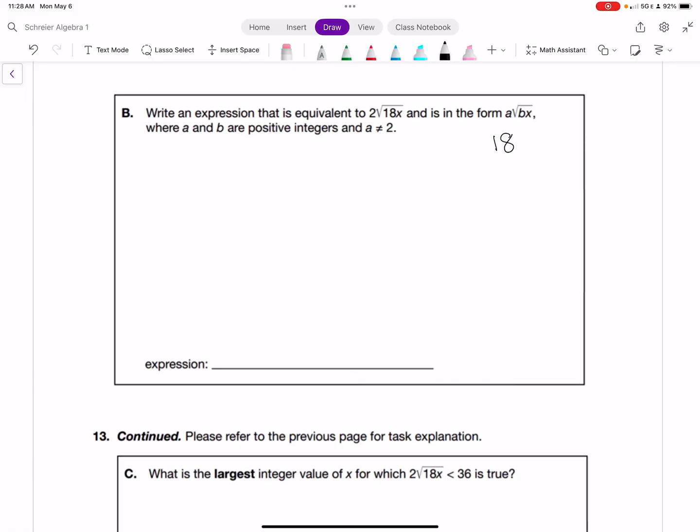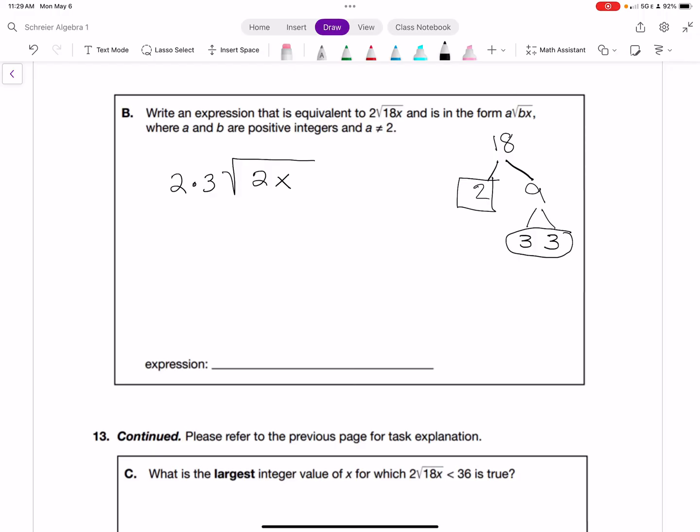So if we look at the number 18 and we break it into pairs and spares, we can break this down into 2 times 9, and then 9 breaks down into 3 and 3. So here is our pair, and this is our spare. So if we rewrite our expression, it's 2 times, and then we take the pair out as a single 3, and then a root of, and we're replacing that with 2 and x.